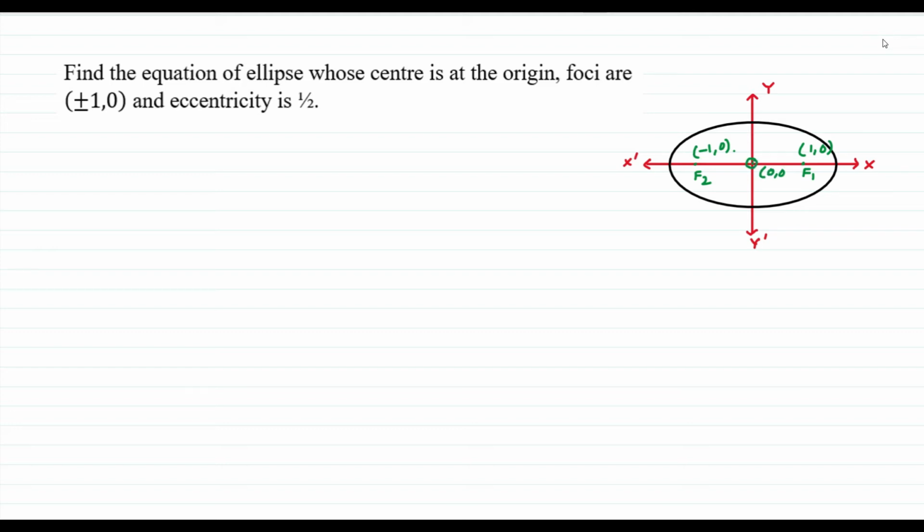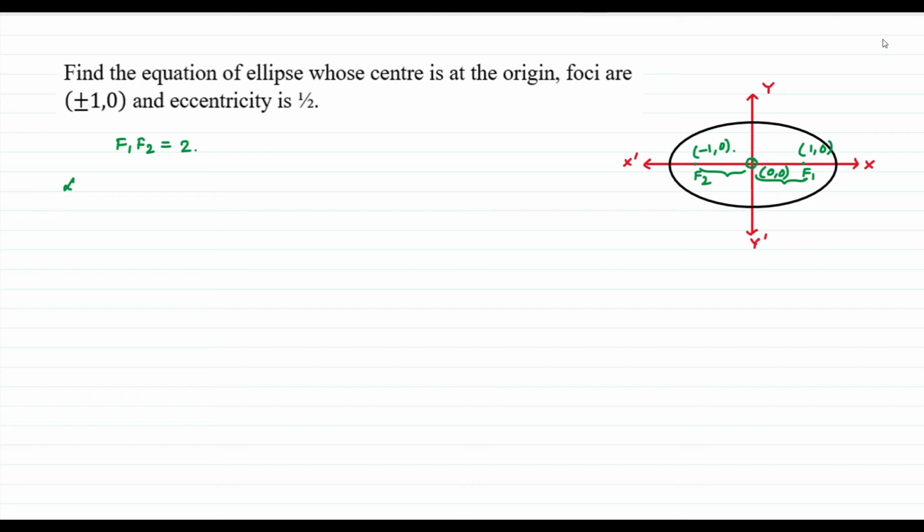So obviously the major axis will be x-axis and minor will be y-axis. So we can consider f1 f2 as 2, because this distance is 1 unit and this distance is also 1 unit. So f1 and f2, the distance is 2 units.